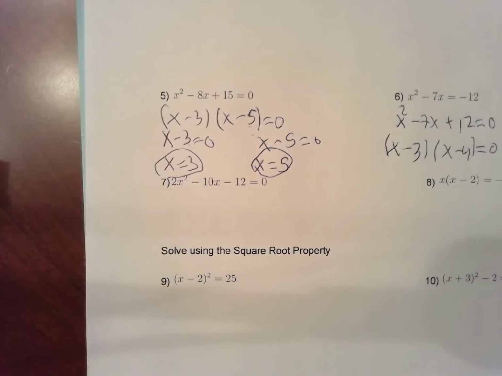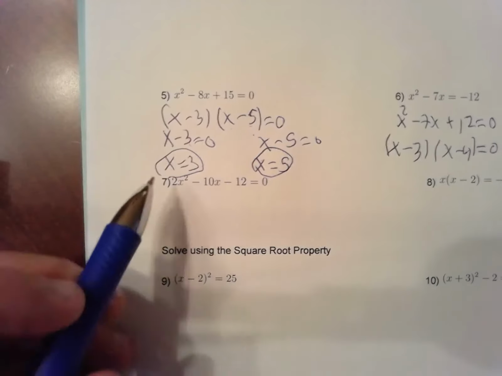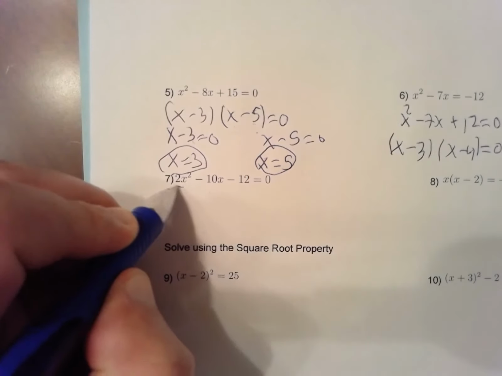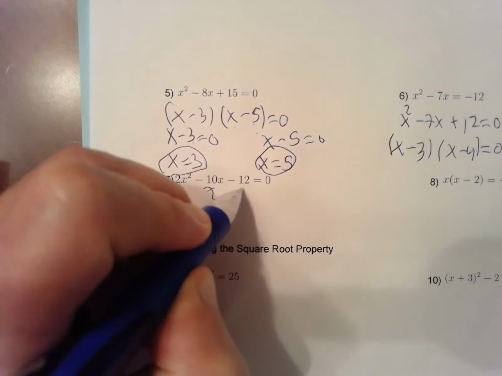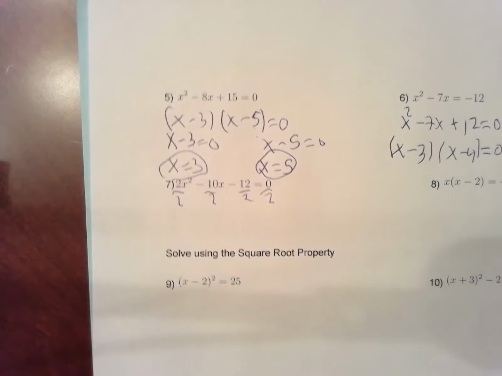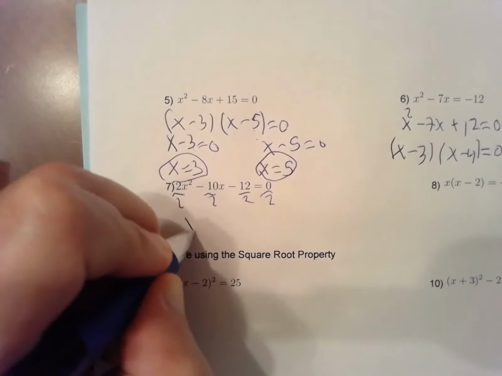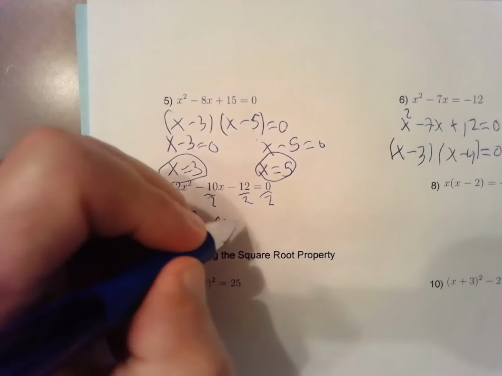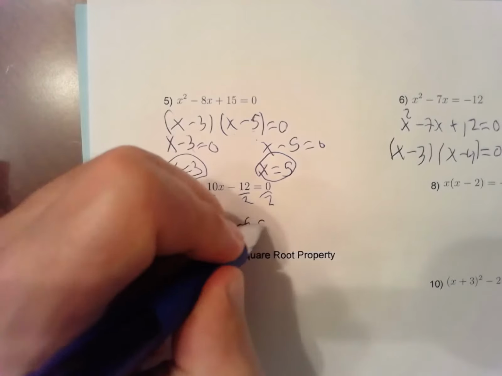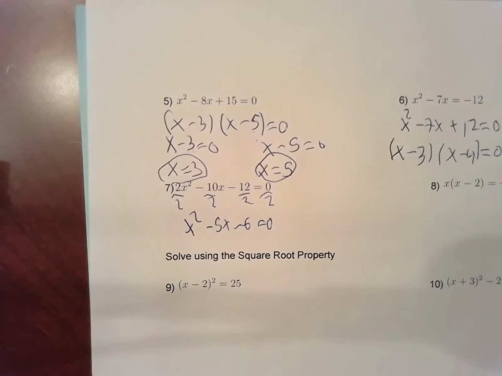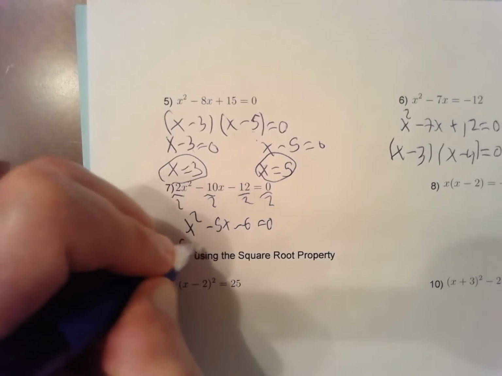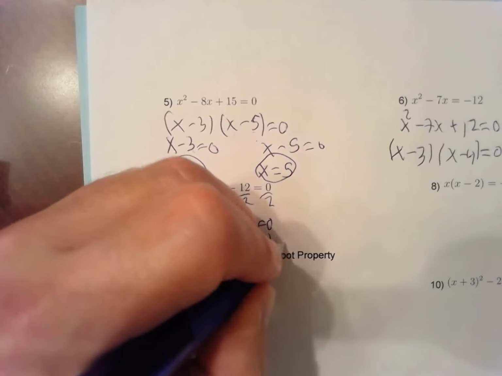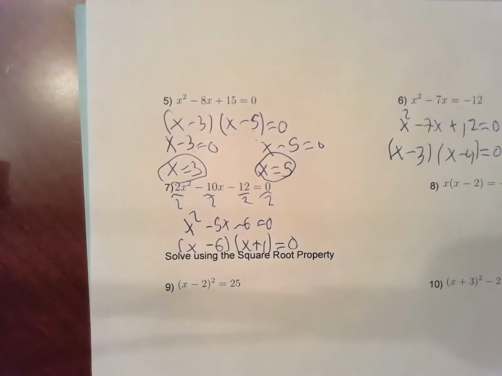Okay, this next one, we want to solve by factoring. We actually have a common factor here of 2, so we could, and I will, divide everything, both sides, by 2, and get x squared minus 5x minus 6 equals 0. That factors: x minus 6, x plus 1 equals 0.